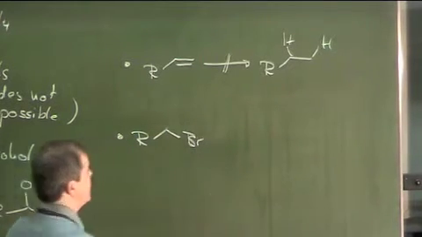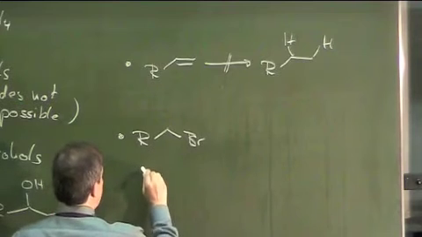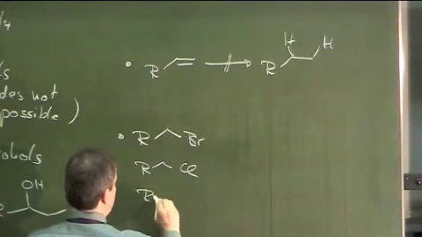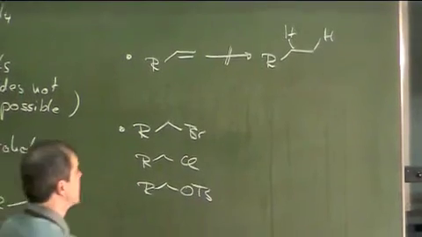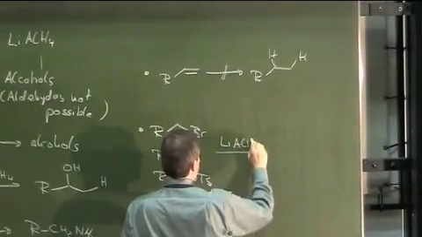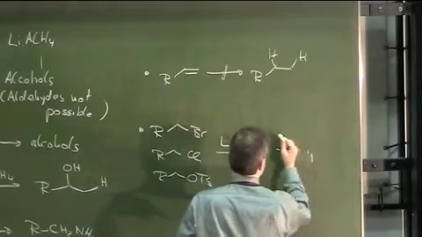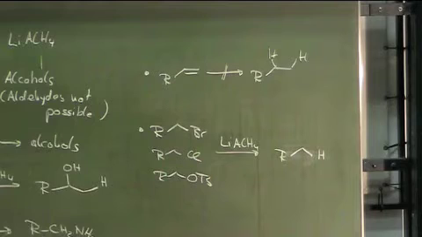However, still relatively soft are alkyl halides. So bromides especially, but also chlorides, and also tosylates, they all will undergo reduction to the corresponding hydrocarbon as well.